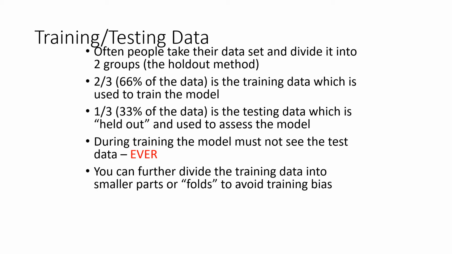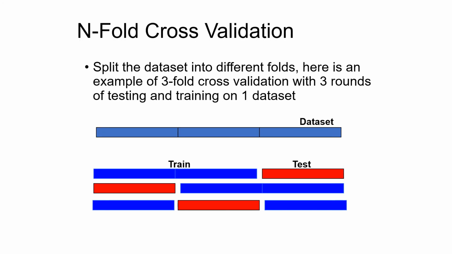Now, this holdout test or twofold cross-validation can be extended to something called threefold cross-validation. In this case, if we divide our data set up into 3 different groups, we can conduct 3 rounds of testing and training on a single data set. This is illustrated visually here, where I've taken the data set in light blue and divided it up into 3 categories.